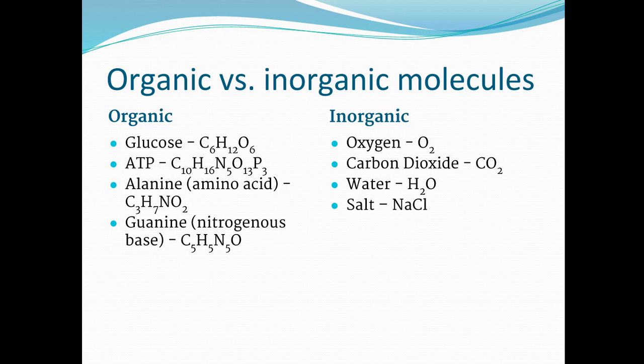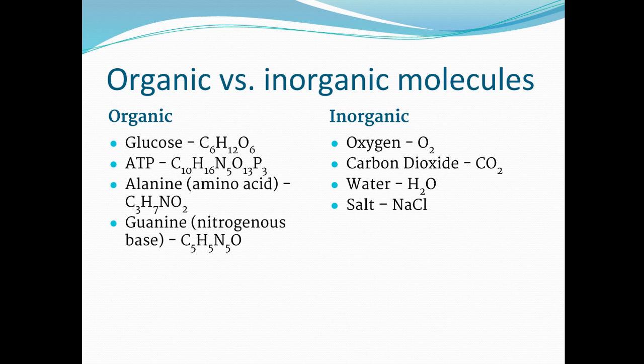Now, we can look at this and we can review. When we talk about organic and inorganic molecules, anything that has carbon and hydrogen is considered organic. Anything that is lacking one or both of those is going to be inorganic. So some common organic molecules that we'll see are glucose, which is C6H12O6, and ATP, which stands for adenosine triphosphate.